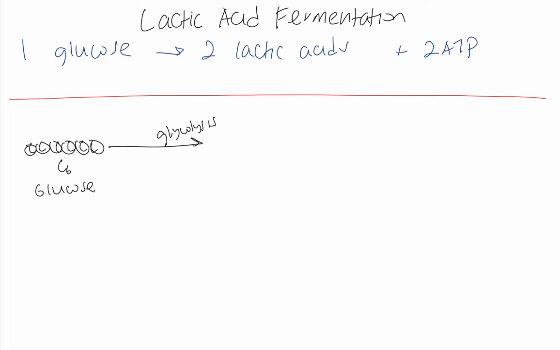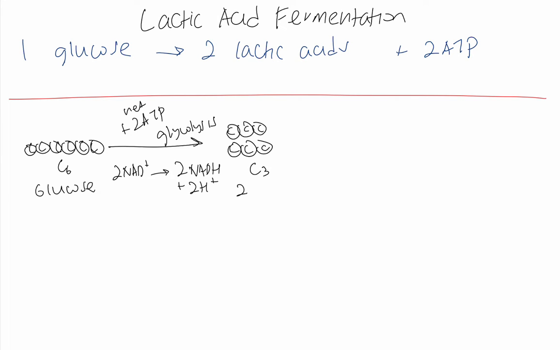So we produce net 2 ATP, and we also see something like this. Meanwhile, at the end, we end up with 2 pyruvic acids, which are each 3 carbon molecules.